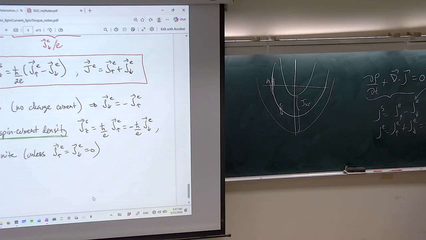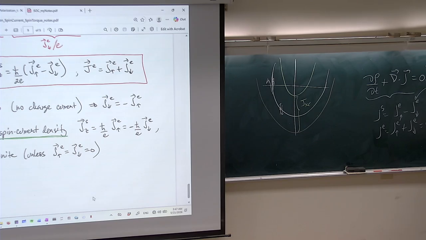This is different from zero if these currents are different from zero, of course. If you have this, then all the currents are zero. But you may have a situation in which these two are not zero, but opposite, and then what you get is spin up electrons go to this side and spin down electrons go to this side.